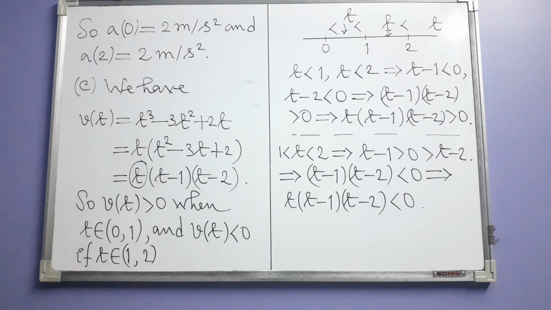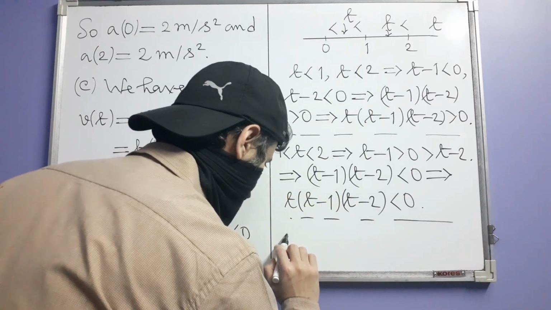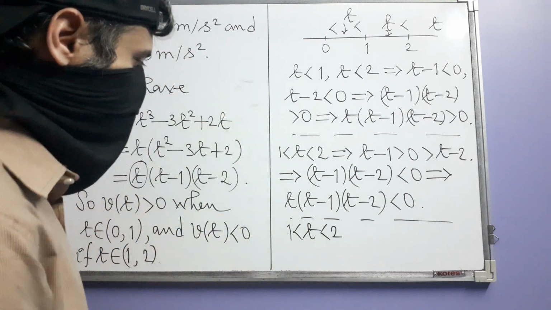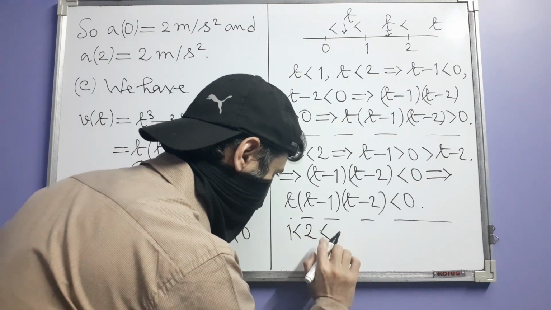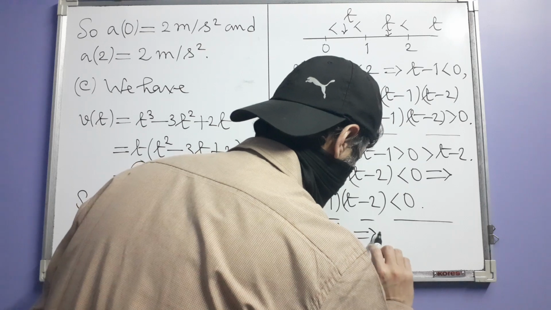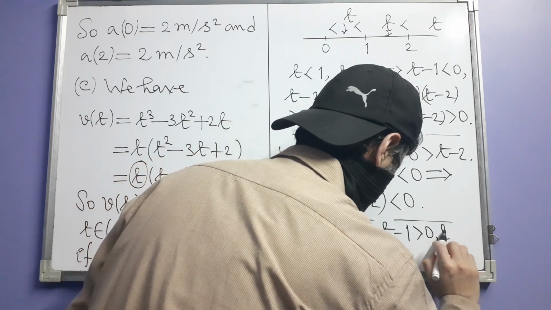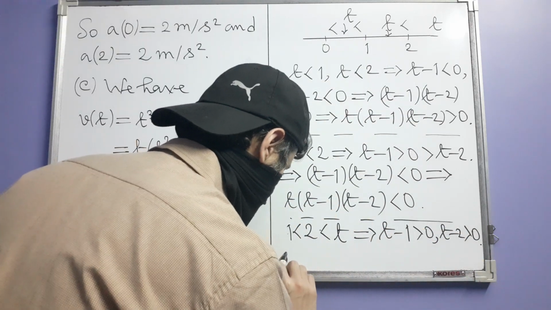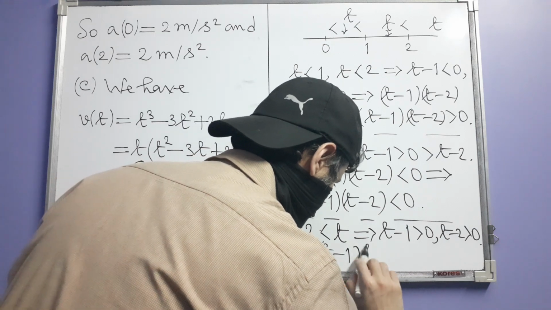In this case, t is greater than 2, and so t is greater than 1 as well, of course. So in this case, t minus 1 and t minus 2 are both positive, and that is why their product is also positive.